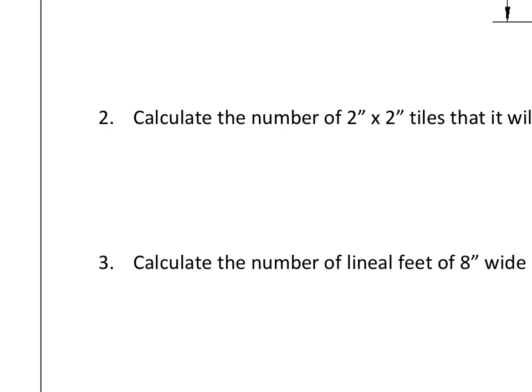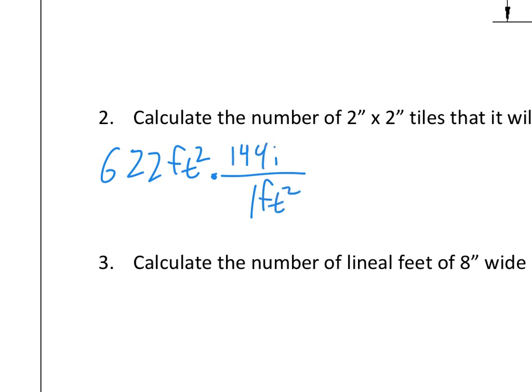If you look in the back of the book at our conversion tables, for 622 square feet, that conversion table tells us that 1 square foot is 144 square inches. Don't use 12, because these are squares.